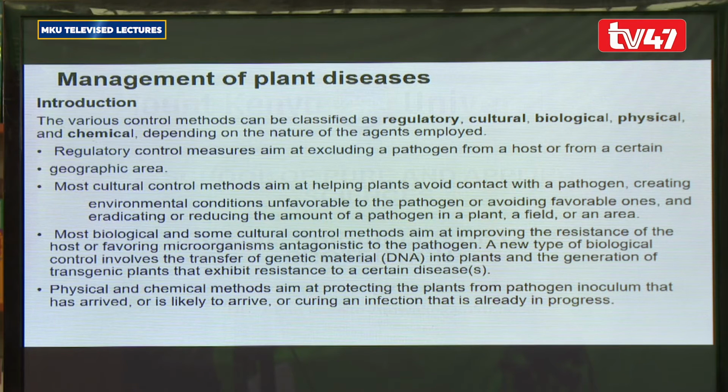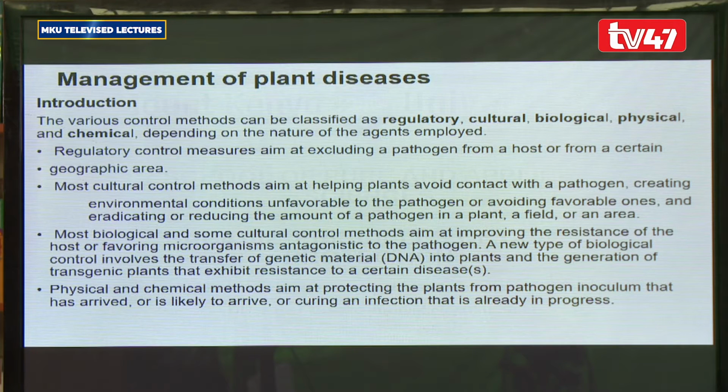Therefore, in our principles today, we'll go through most of these measures so that you can understand and relate the management to specific pathogens. For example, regulatory control measures aim at excluding a pathogen from a certain geographical area.